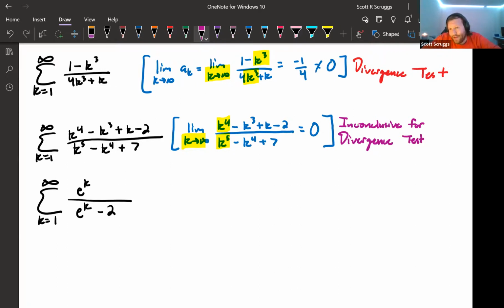Right, the limit of that goes to 0, which means the divergence test, I don't know. I have to use another test to check the convergence and divergence of it.